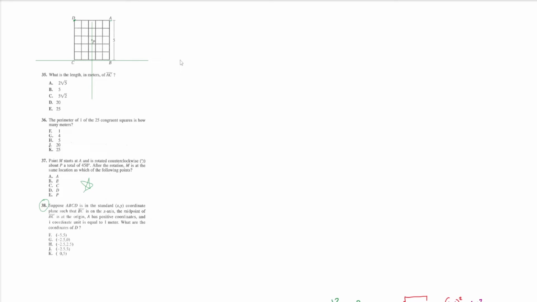So what are the coordinates of D? Well, I drew the thing there, so you should be able to tell me what D's coordinates are. Yeah, J.